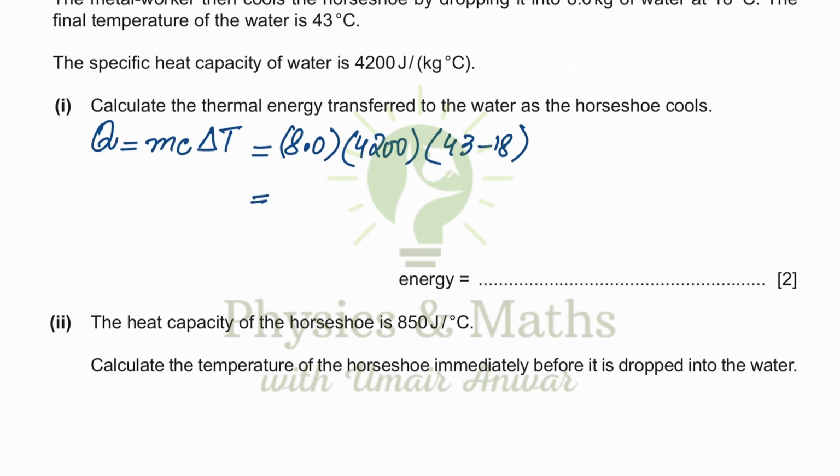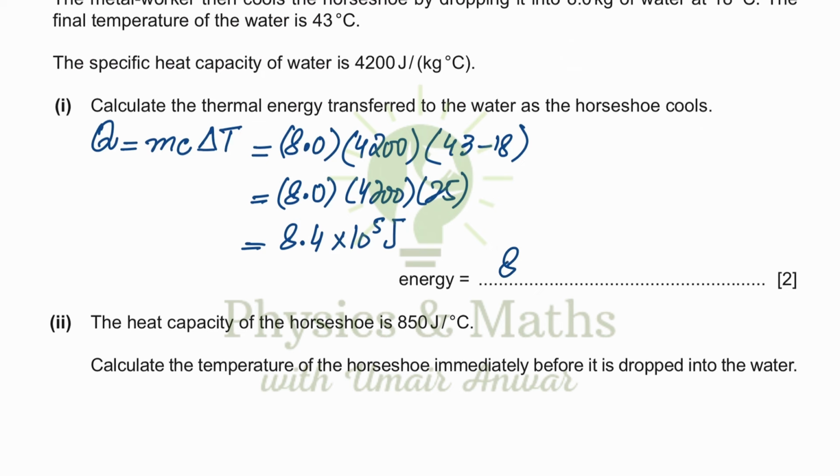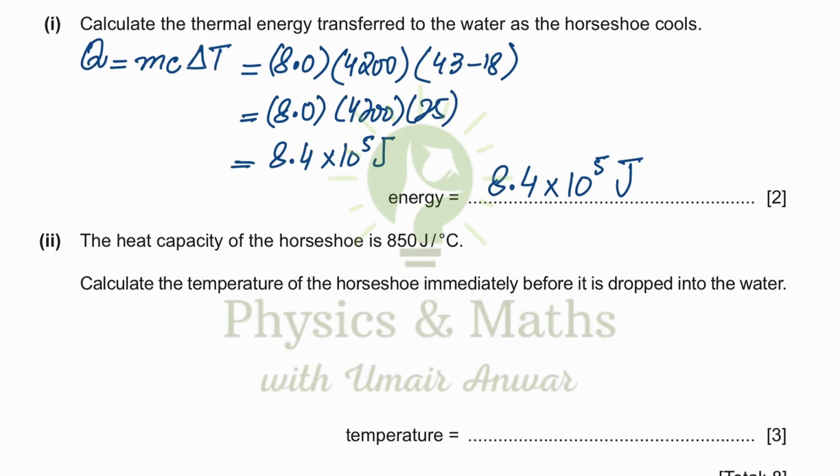So this becomes 8.0 into 4200 into 25 degrees centigrade as the temperature change, and the answer is 8.4 into 10 raised to 5 joules in two significant figures expressed in standard form. So I'm writing 8.4 into 10 raised to 5 joules.